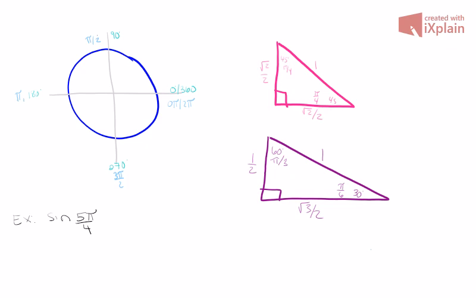So first sketch out the angle. So I know that my reference angle is pi over 4. So I've got my 45, 45, 90 triangle. And I know that my side lengths are root 2 over 2.